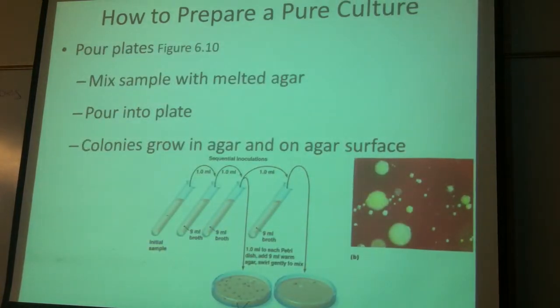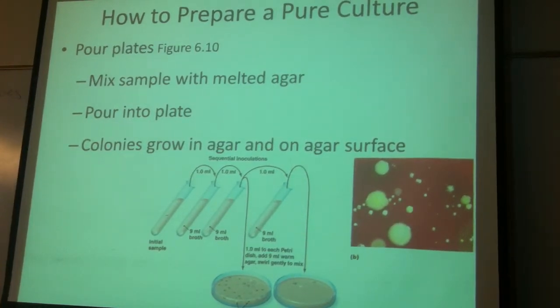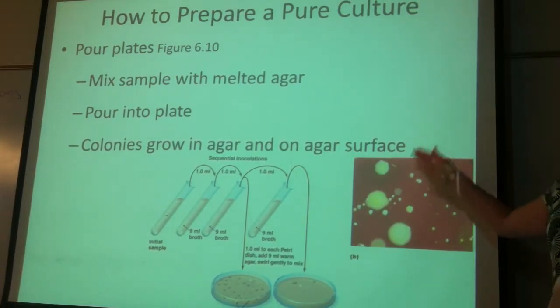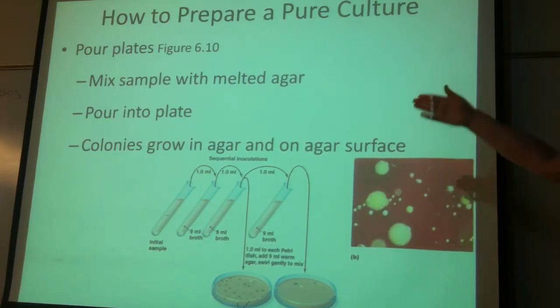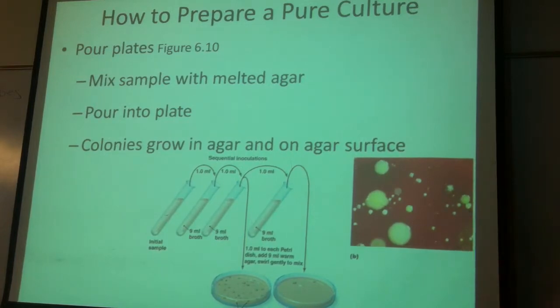The pour plate method: you mix your sample with some melted agar and you pour it into a plate. In this one, you're doing a 10-fold dilution multiple times. So 1 ml of your initial sample into 9 ml of broth is a 10-fold dilution. Do it again, now it's a 100-fold dilution.